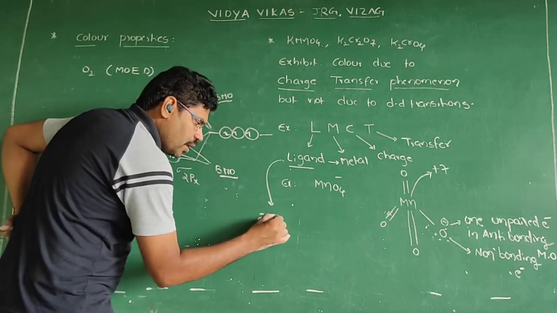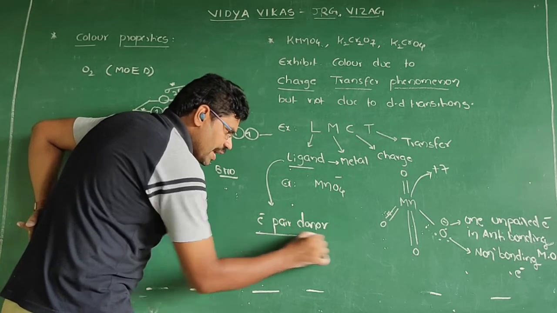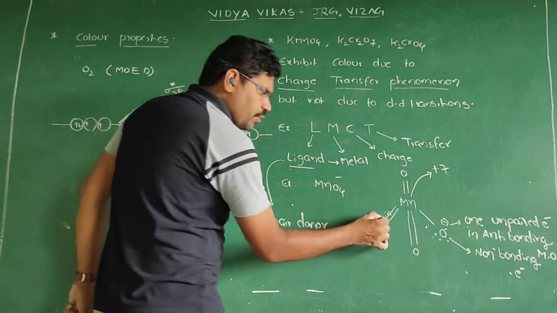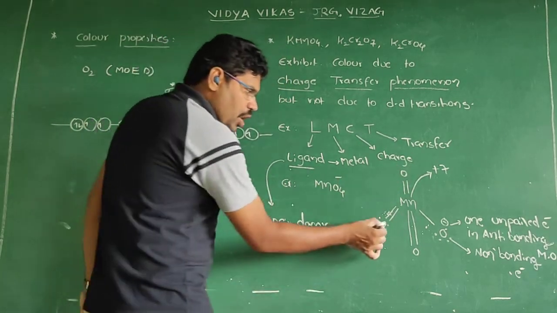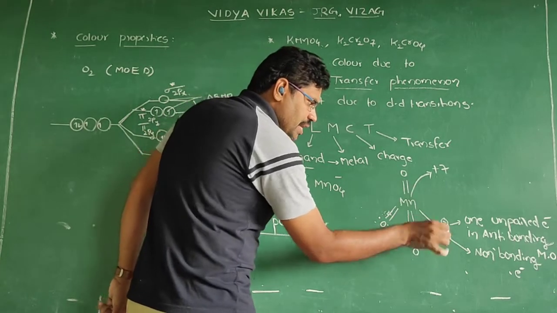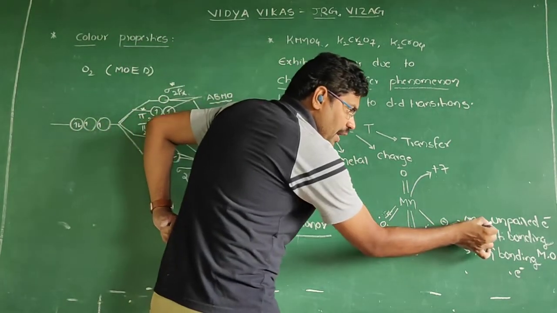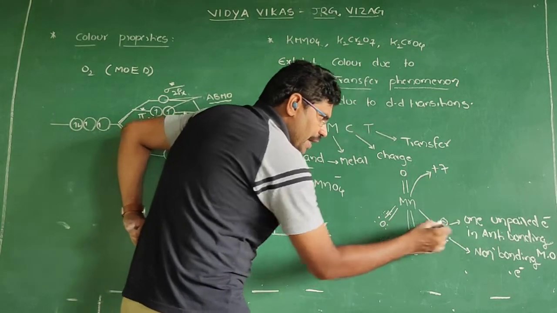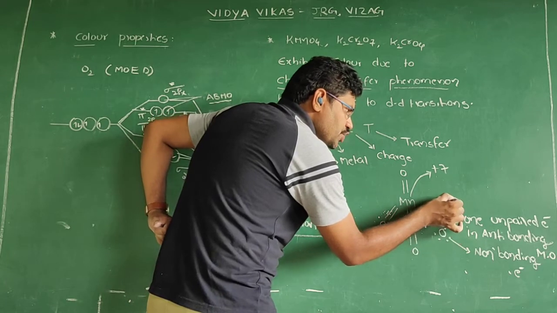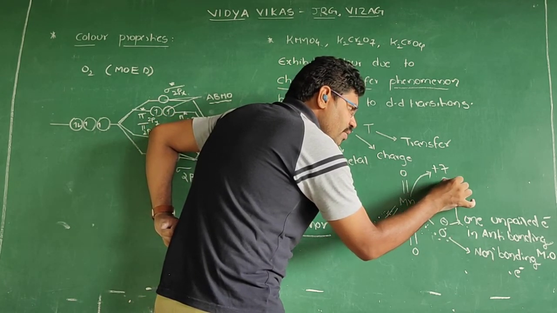Dear students, electron pair donors are always ligands. Here oxygen donates lone pair of electrons to manganese plus 7. Keep in mind, and that's why we simply consider the oxygen atoms as ligands. So the unpaired electron present in the ligand, dear students, keep in mind, is just transferred to Mn plus 7 orbitals.